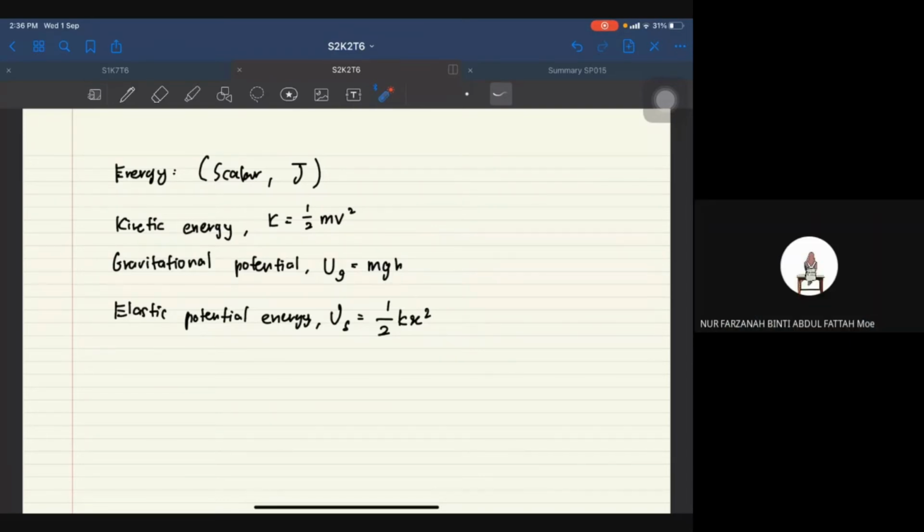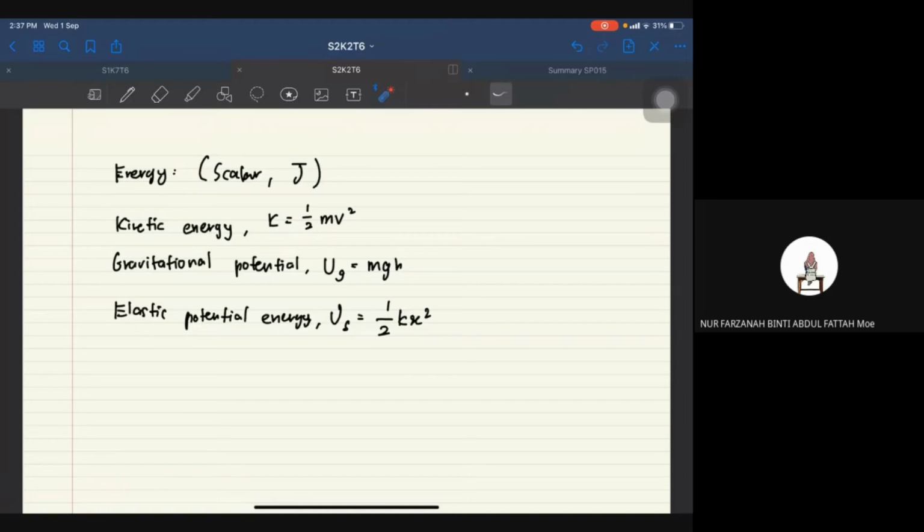One important thing here is that two types of energy are potential and one type is kinetic. The kinetic energy depends on the speed of the object, so how fast it moves contributes to the kinetic energy. Potential means it depends on the position or shape of an object.